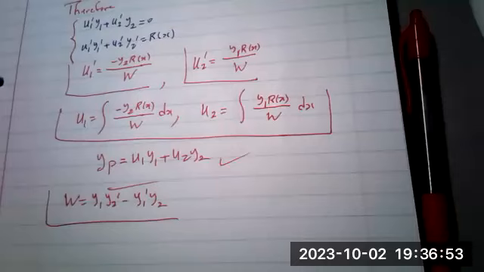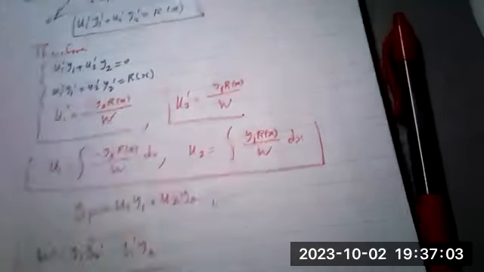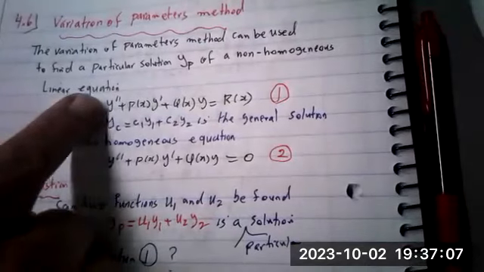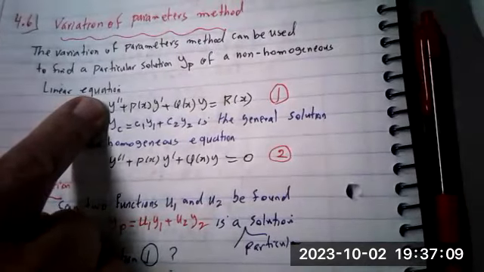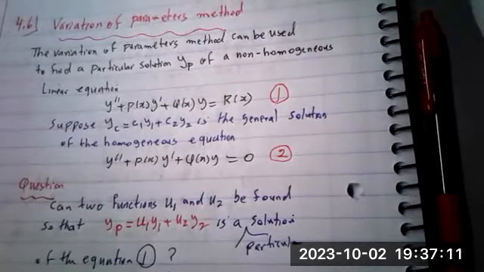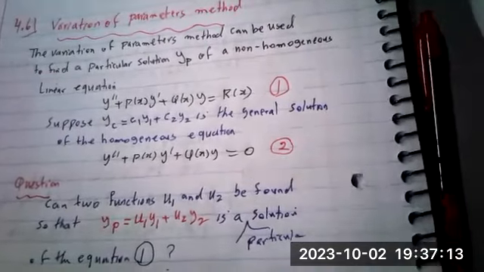Otherwise, this integral would be impossible to find. If you cannot find this last part, the integral, in that case, probably you missed it. Okay, look at the R(x). You can pick the R(x), the term on the other side, if this coefficient is 1. So if this coefficient is not 1, divide it first. Then you pick the R(x), and you'll be able to do it.